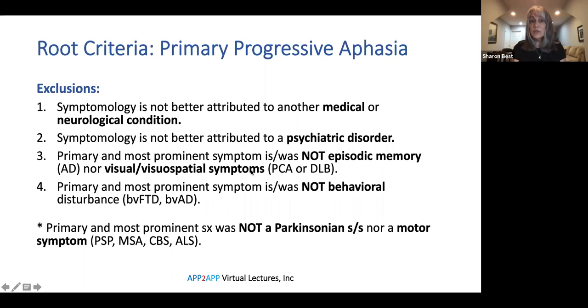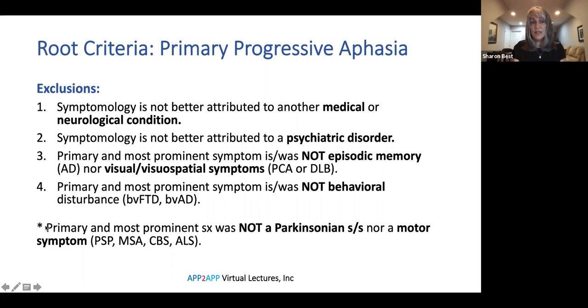And also visual spatial, our top differentials might be posterior cortical atrophy, one of the variants of AD, or dementia with Lewy bodies. We would also expect that the primary presenting symptom was not a behavioral symptom. In such cases, we might be thinking more behavioral variant FTD or behavioral variant AD.